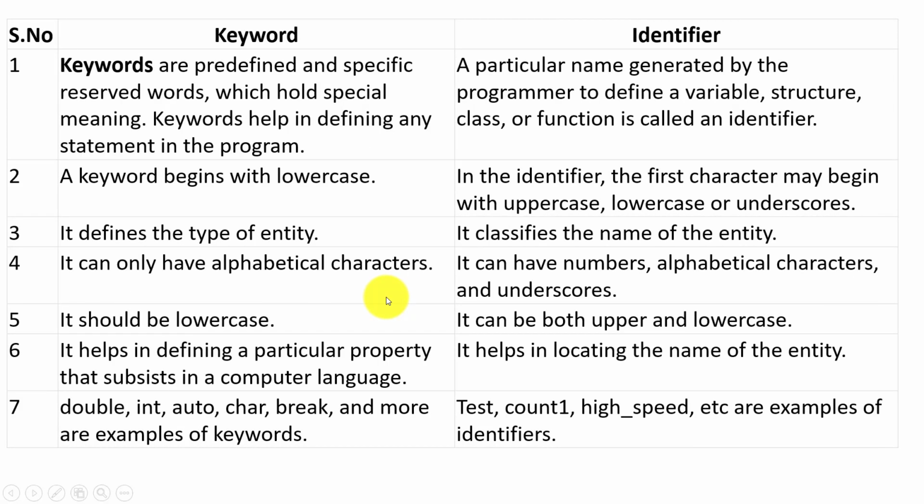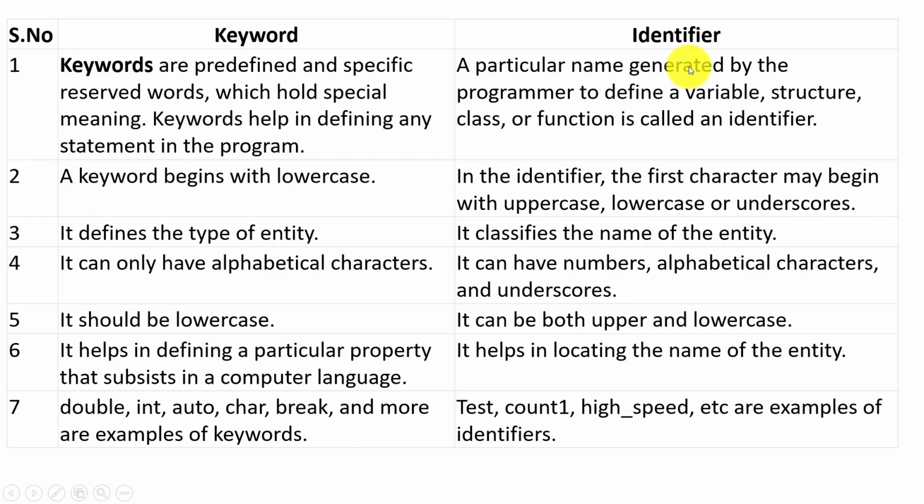Now let's discuss the differences between keyword and identifier. The first difference: keywords are predefined, special reserved words. They have a defined meaning, that is, a defined statement in the program.